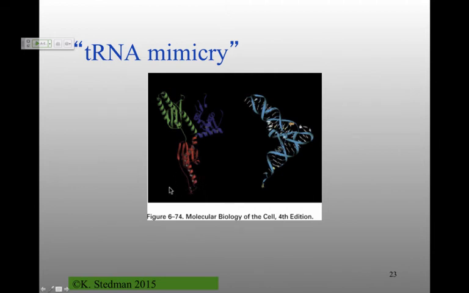Now it's not associated with an amino acid, so you get hydrolysis, basically binding to water. It also has this loop down here at the other end of the protein, which is similar to the anticodon loop. So these are the structures of at least one of the release factors. And again, it's very similar to tRNA.